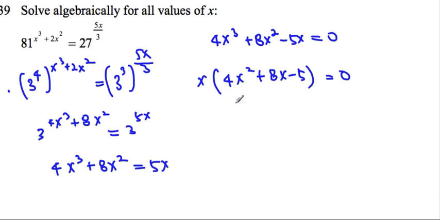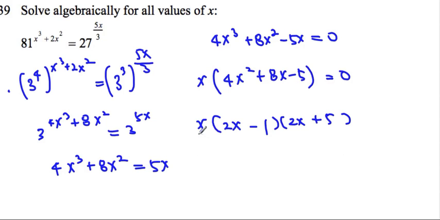Now let's factor this one. We get 2x and 2x. Since we have negative 5, but our result has to be 8x in the middle term, we could have plus 5 and minus 1. Then the product of negative 1 and 5 is negative 5, and when you distribute, you get 8x as the middle term.